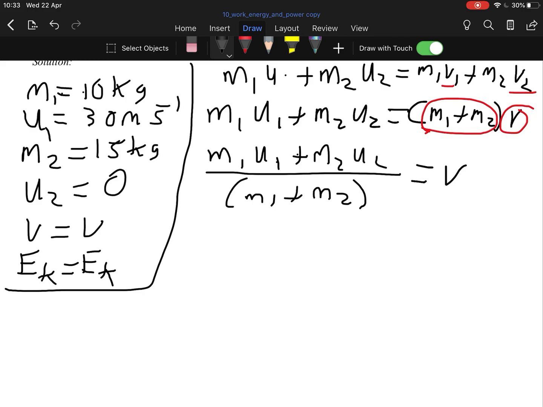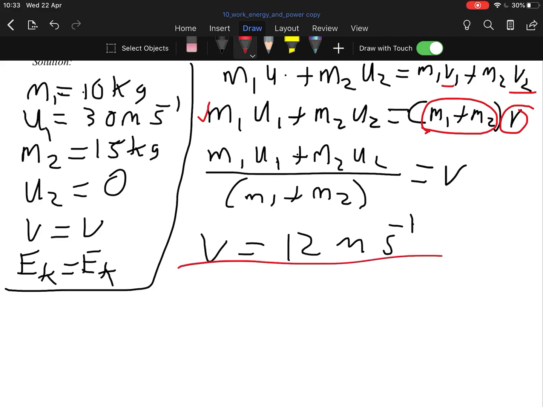I always do it this way. I find it neater to keep everything in its symbols and just rearrange it. But if you prefer, you can of course put your values in up here and work it out that way. Anyway, sub all your values in, let the calculator do the work, and you should end up with 12 meters per second. 12 meters per second.